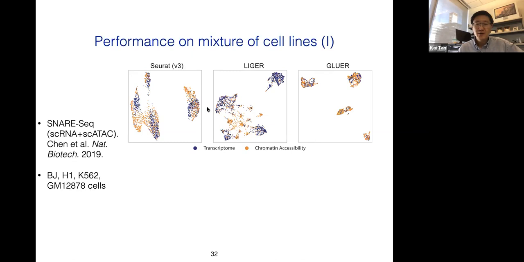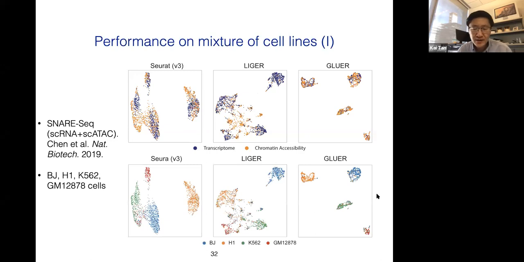The cells are visualized based on modality. In terms of the first metric, mixing of different modalities, Seurat and GLUER do a very good job, but Liger seems to have some problem with well-mixed cells. Then if you look at the degree of cell type separation, in this case, because of cell lines, we know for sure what the ground truth is. Again, you can see both Seurat and GLUER have very nice cell type separation, but there is some mixing in the Liger result.